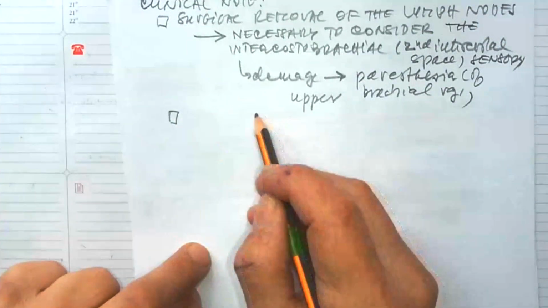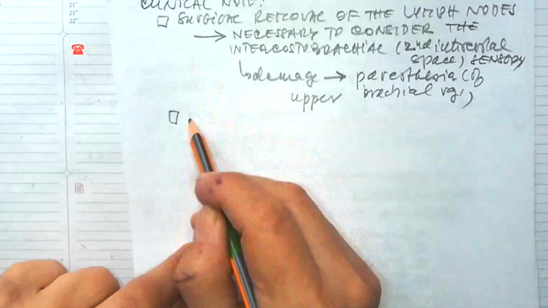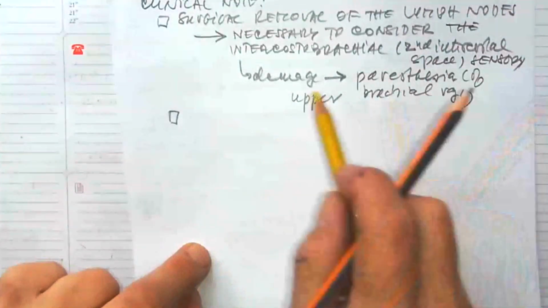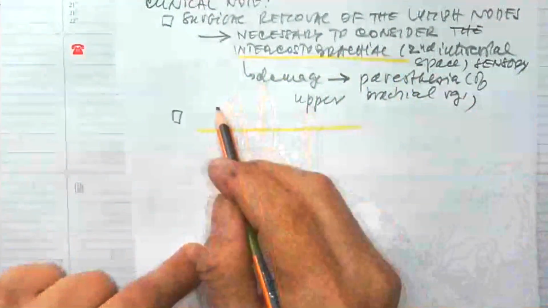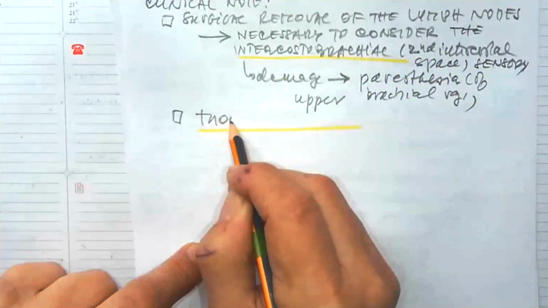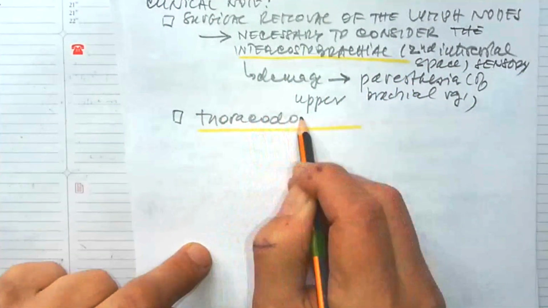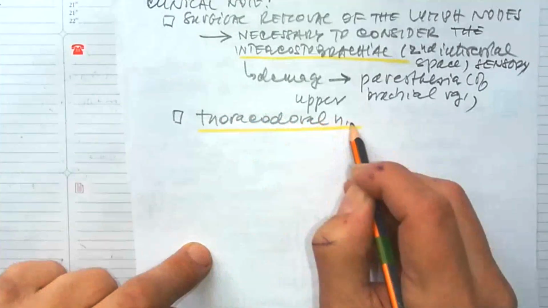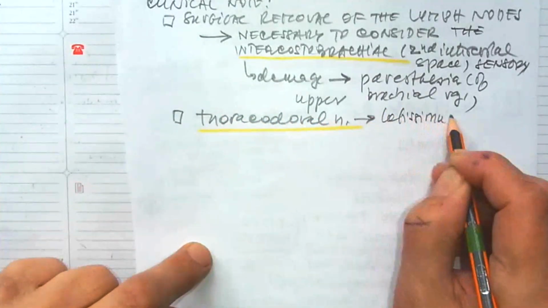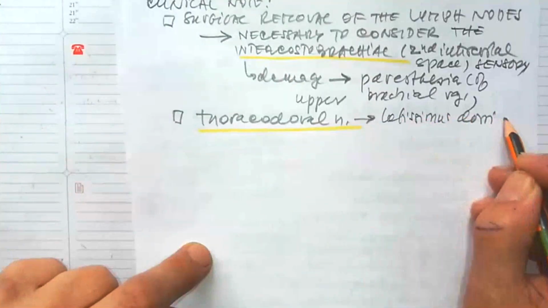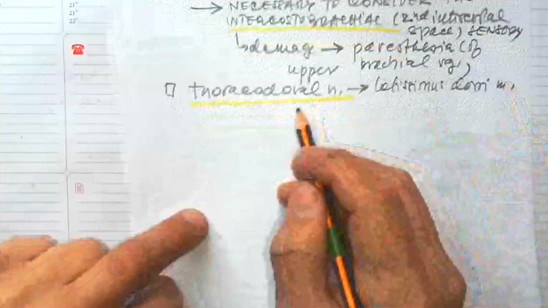So the same situation is connected not only with the intercostobrachial nerve, but also with another nerve, the thoracodorsal. The thoracodorsal nerve, we remember, is a strong nerve innervating the latissimus dorsi muscle, the biggest muscle in this area.